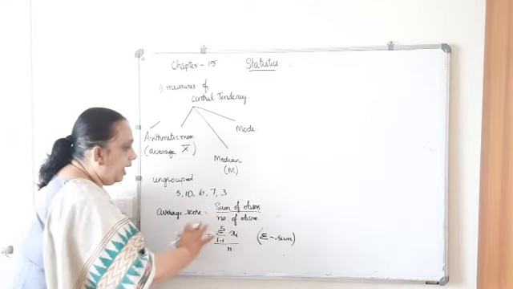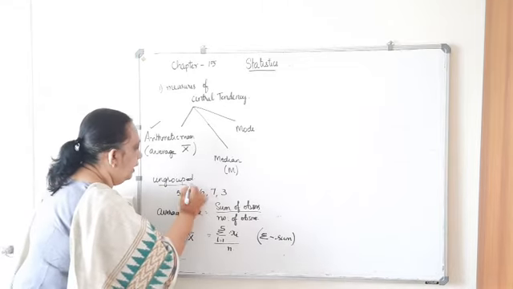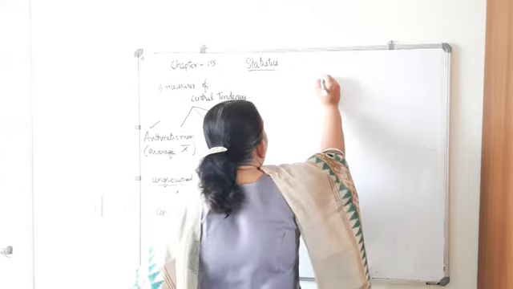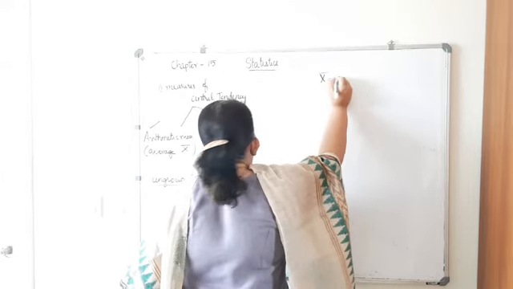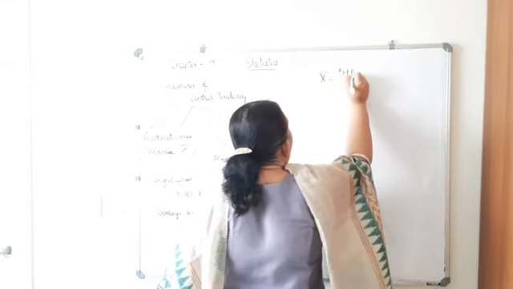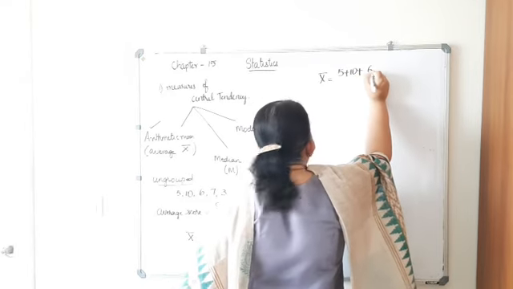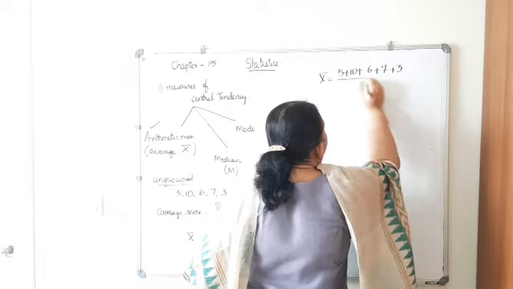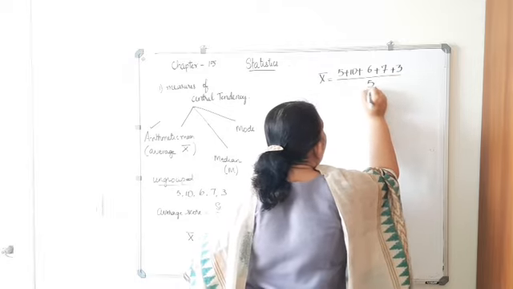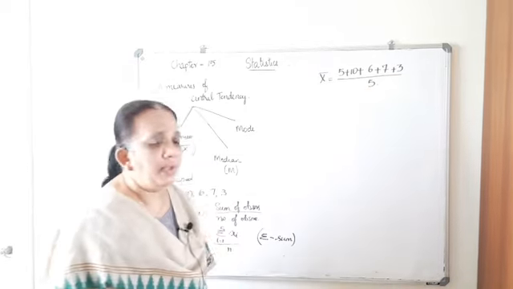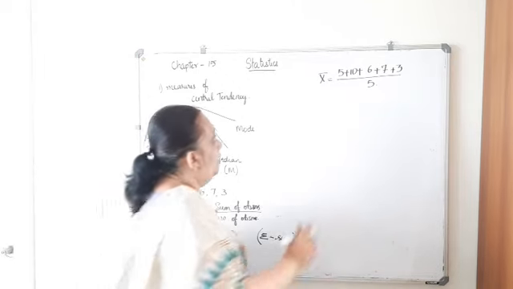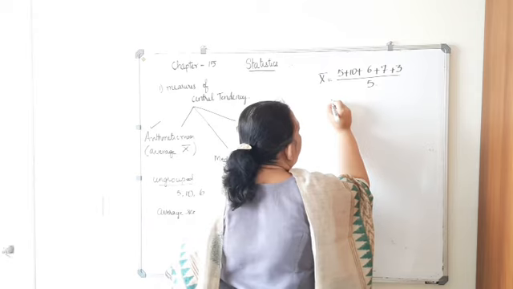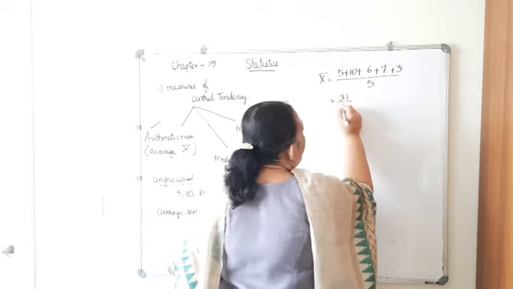So x bar is equal to 5 plus 10 plus 6 plus 7 plus 3 divided by the number of observations, 5, because there are 5 students. 15 plus 10, 25, 25 plus 6 is 31, divided by 5.